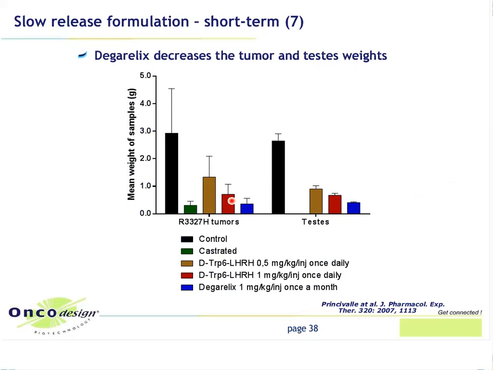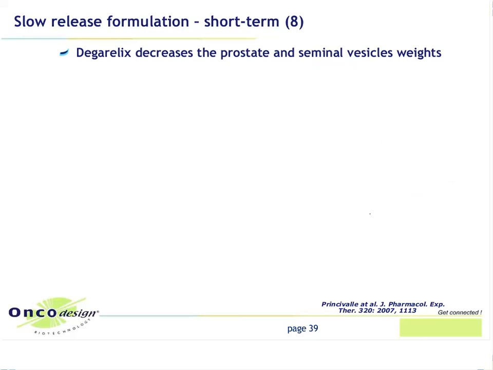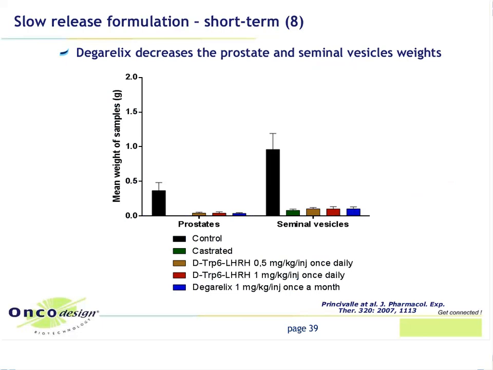For sure, the tumor sizes were quite comparable between castrated and degarelix-treated rats. Similarly, we collected prostate and seminal vesicles at the end of this short-term experiment, and in both cases we observe a strong decrease of these tissues in both detripsis and degarelix-treated groups.